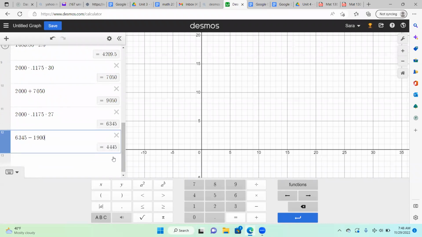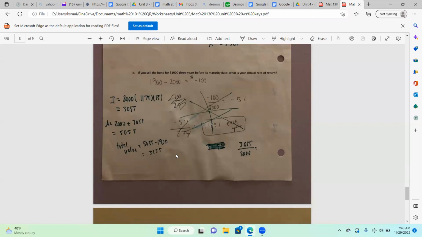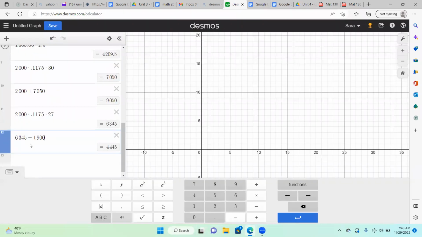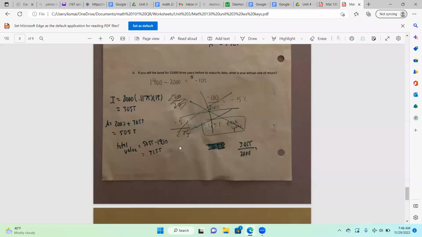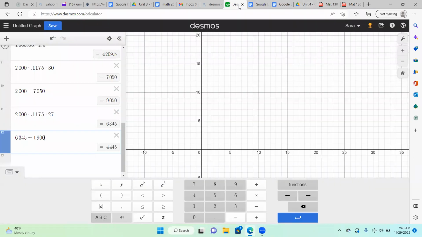So we would have profited $4,445. Well, no. We got $100 less back than what we thought. So actually it's minus $100 less. So $6,245.